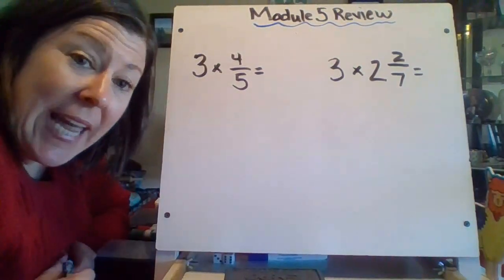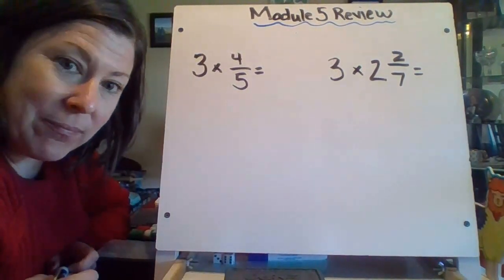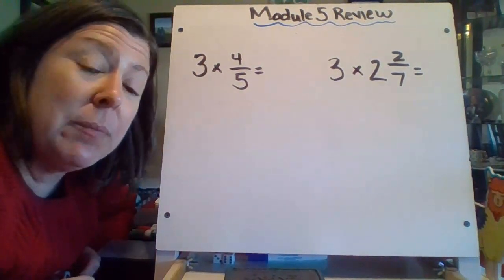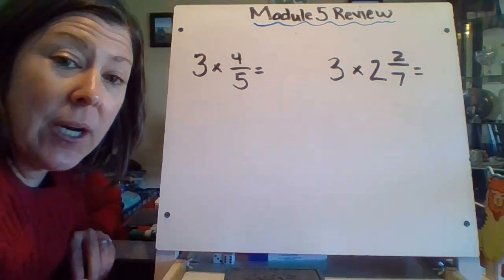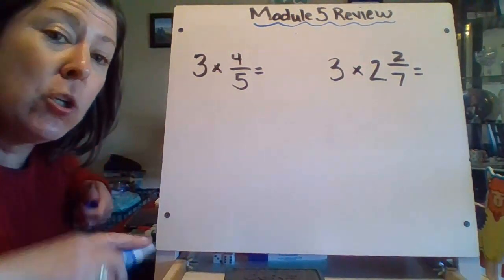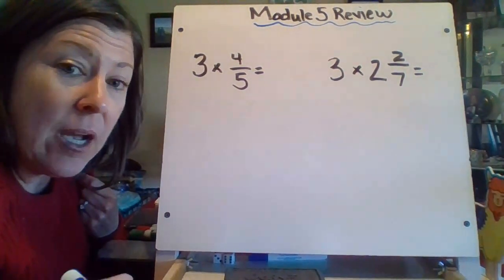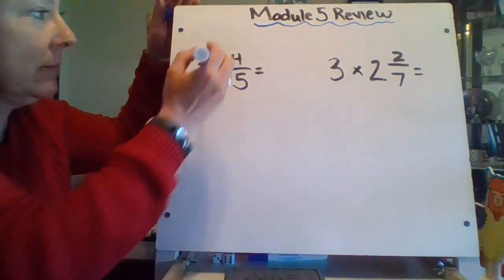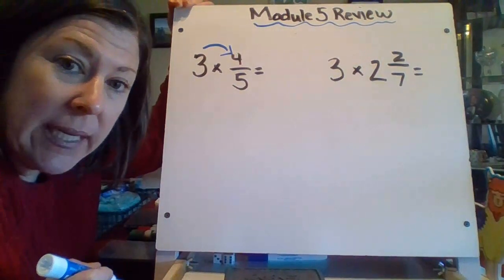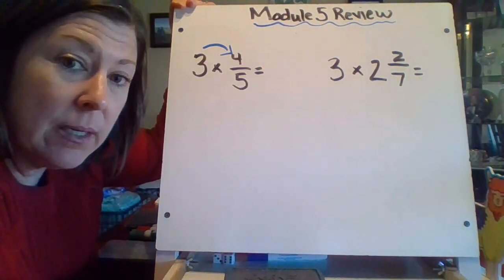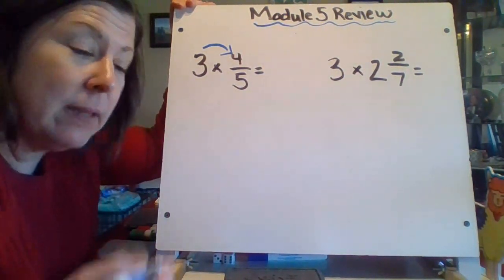All right, here we are at the end of our review. Multiplying a whole number and a fraction, multiplying a whole number and a mixed number. So remember, when I multiply a whole number by a fraction, all I'm doing is multiplying that whole number times the numerator.